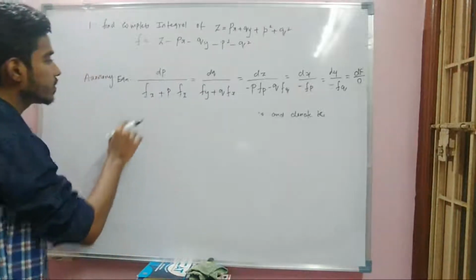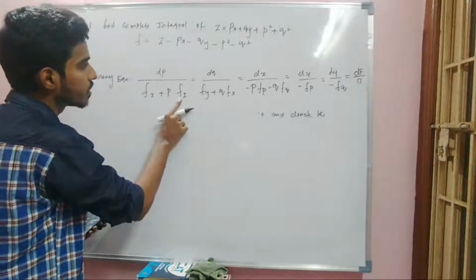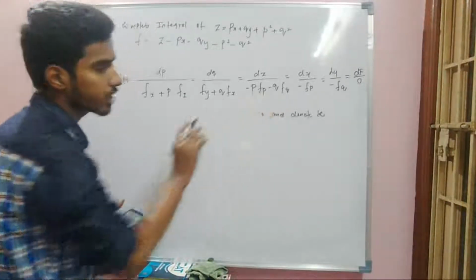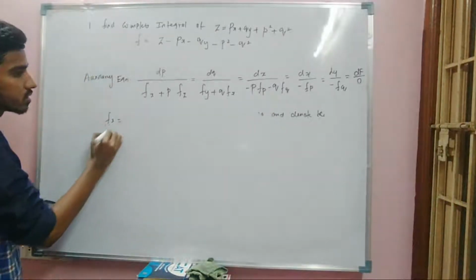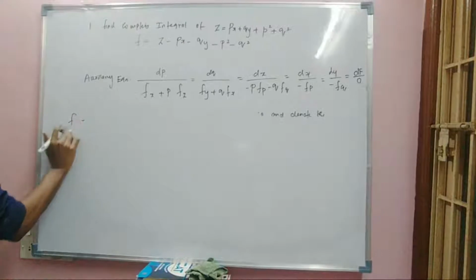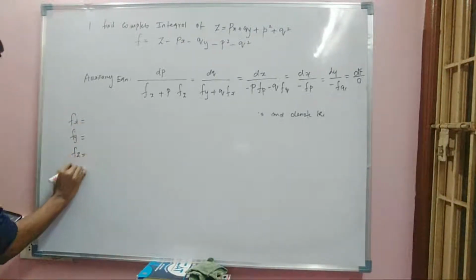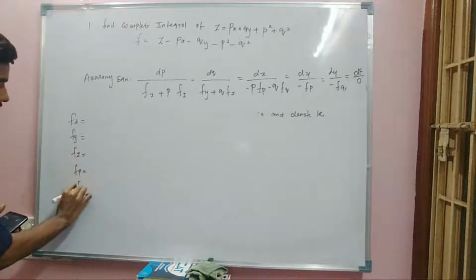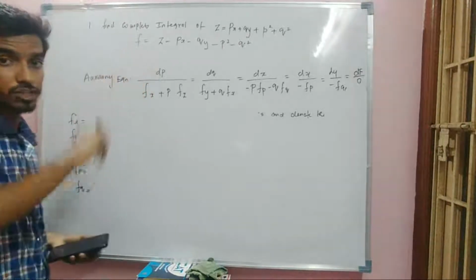For that, we need the values of fx, fy, fz and fp, fq, right? So we need 5 values. So first you will find fx, fy, fz, fp and fq. So what will be my fx? We have to differentiate this with respect to x.